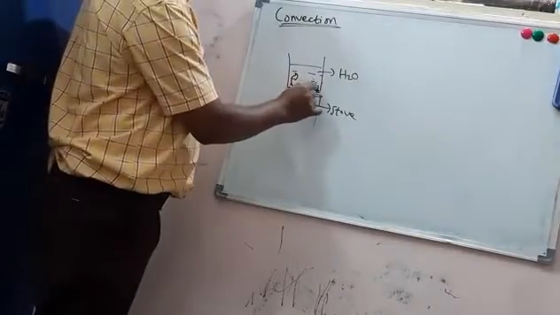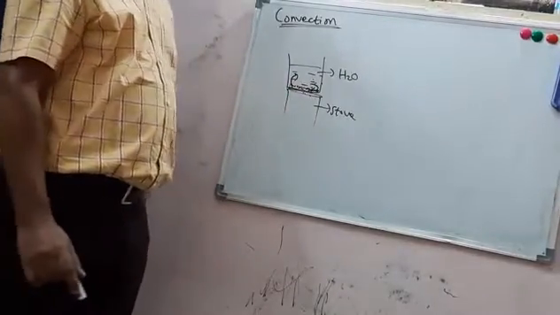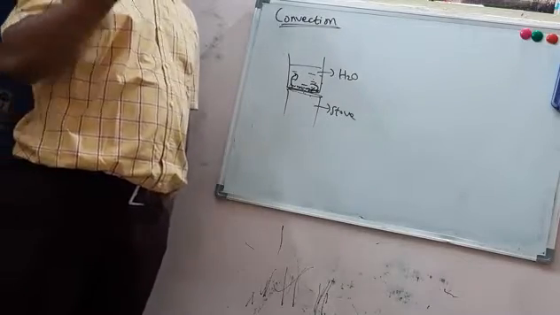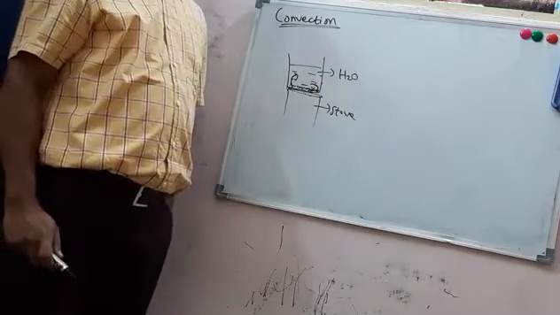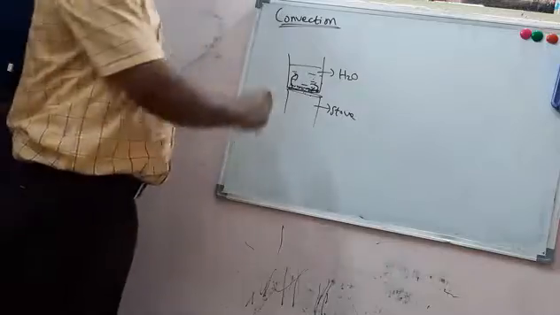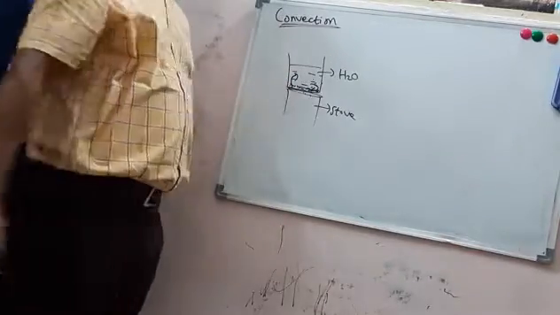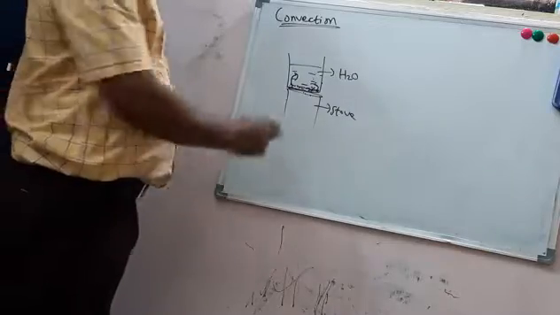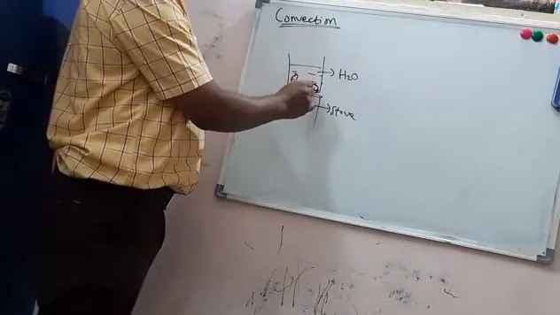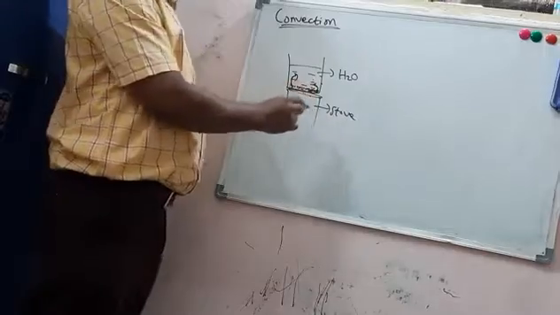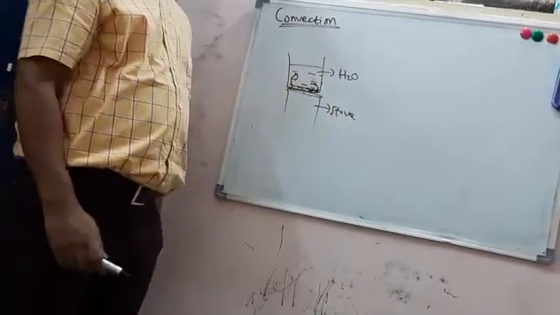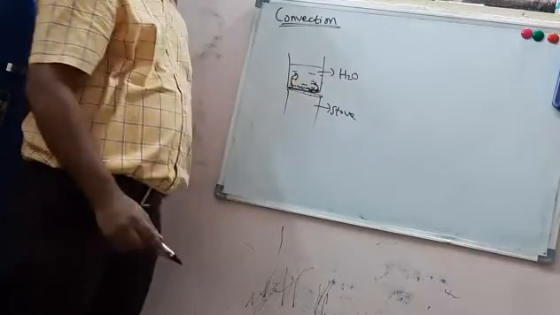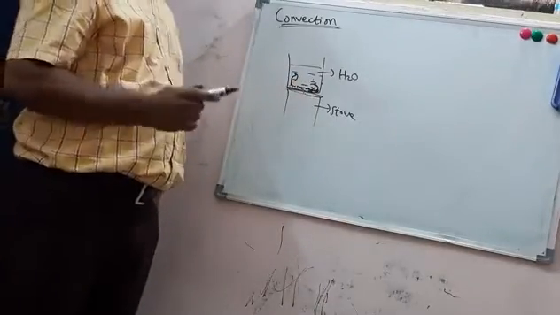So this process is said to be convection current. That is, fluid flow takes place based on change in density. Now cold substance, that is high dense water, reaches the bottom layer, and again it is being heated up.